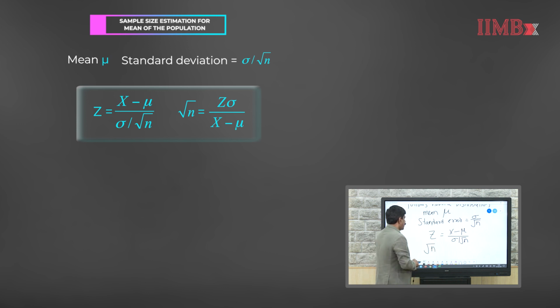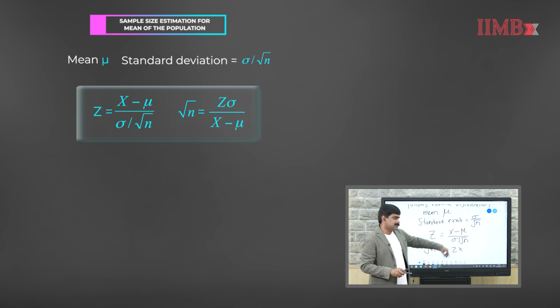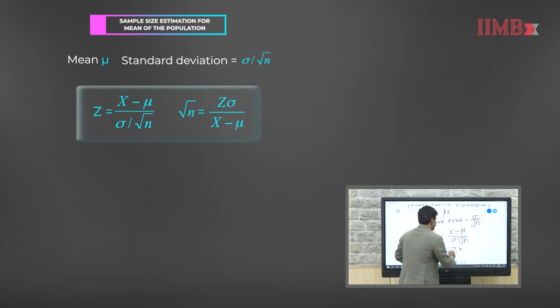So, your under root n will become z times sigma, the sigma will go up, divided by x minus mu.